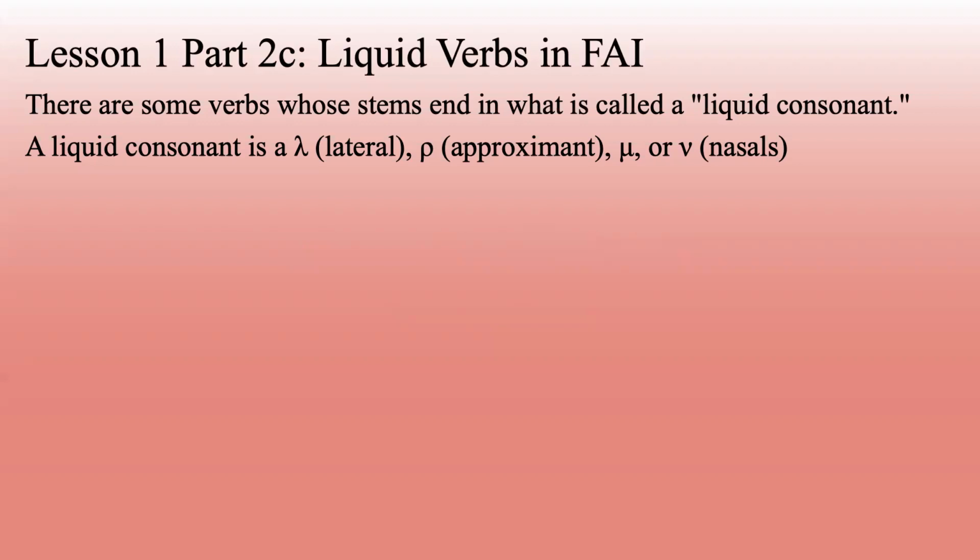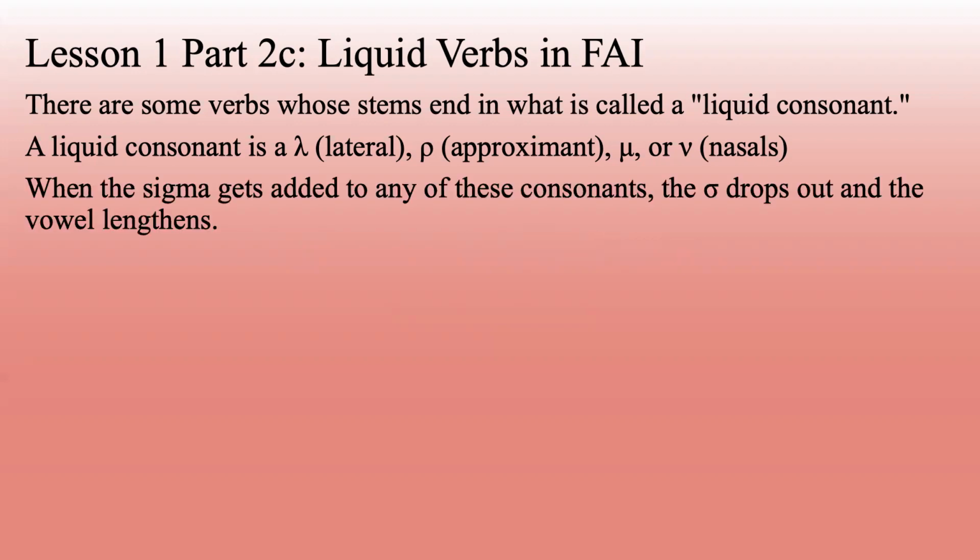So if the stem of a verb ends in lambda, rho, mu, or nu, it helps to think of it as L, M, N, together in the alphabet, and then R, or however you want to remember them. If the stem of a verb ends in one of these, something special is going to happen.